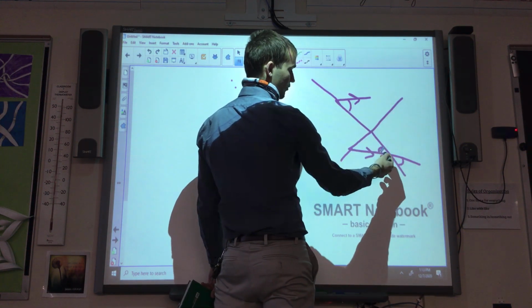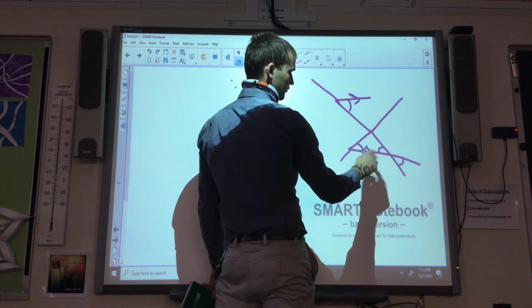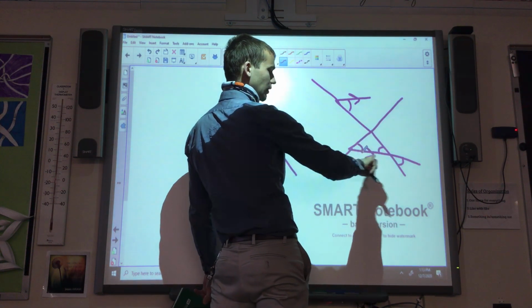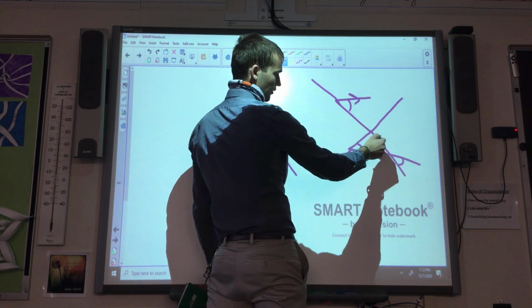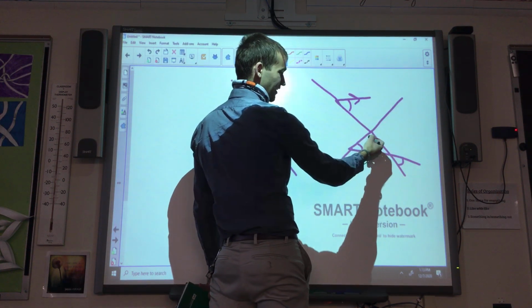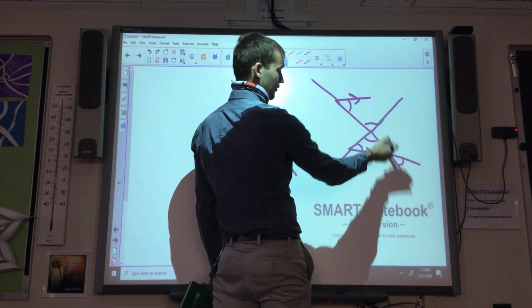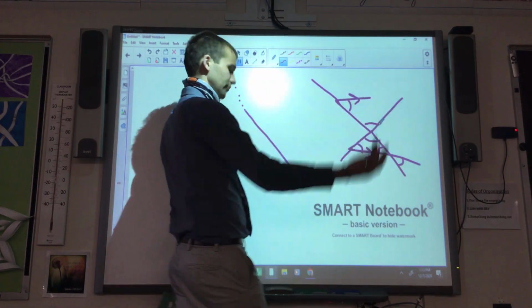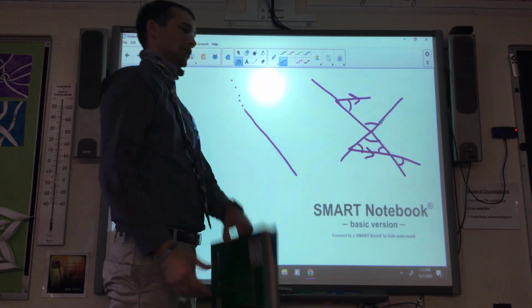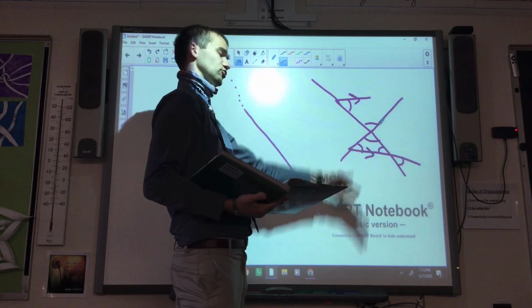And if I know what this is, then because all of them are going to be triangles, and all of them add up to be 180, I can figure out this, and then I can figure out what that is.